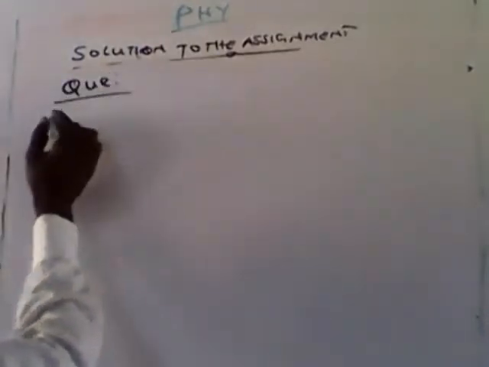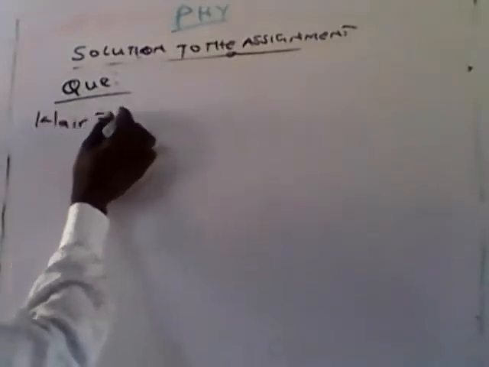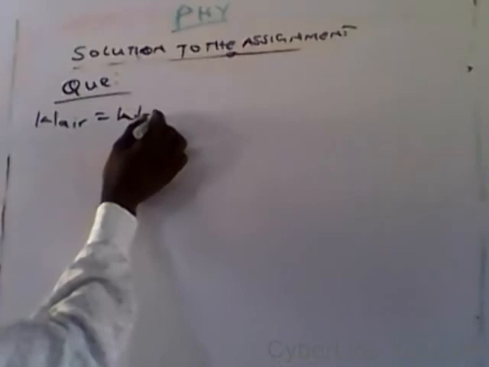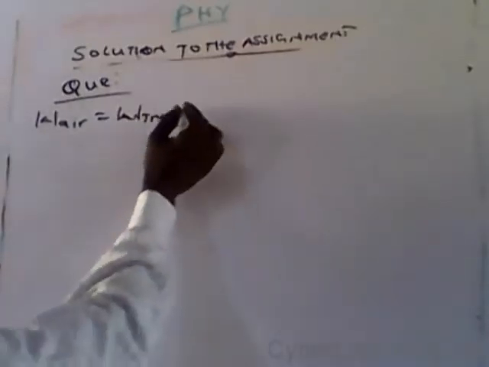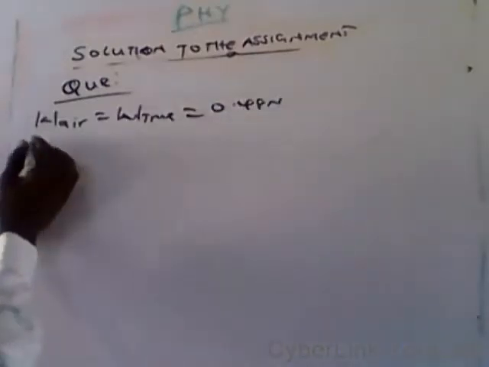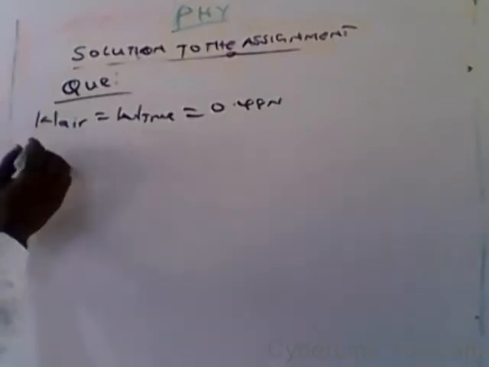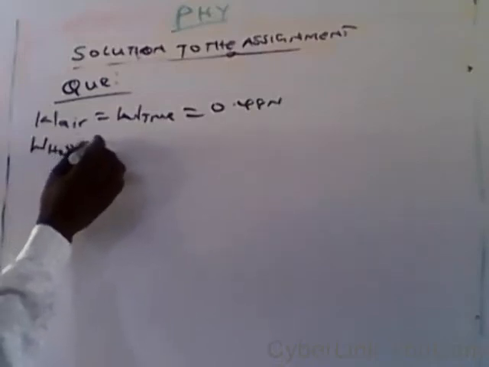We are given the weight in air. Weight in air is also called the true weight of that body, and that is equal to 0.48 Newtons. We are also given the weight in water, weight in H2O, which we call the apparent weight.